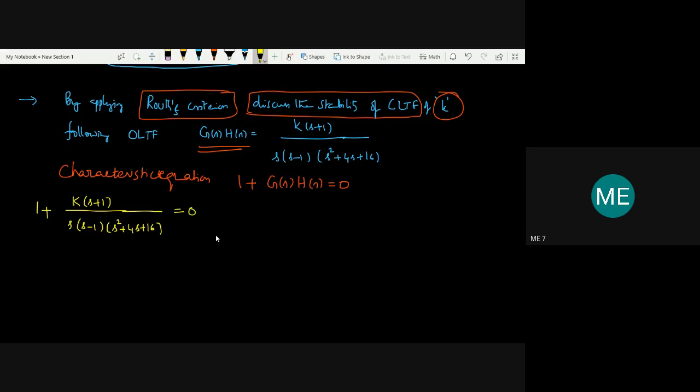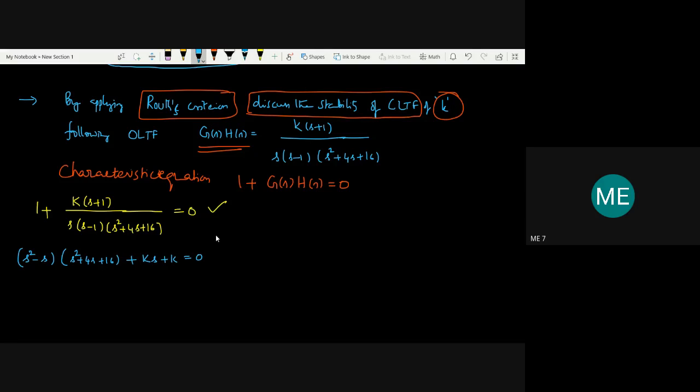This will give the characteristic equation. Then simplifying this equation, I'll be getting s square minus s into s square plus 4s plus 16 plus ks plus k equal to 0.